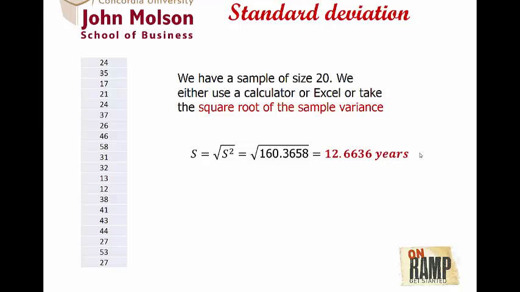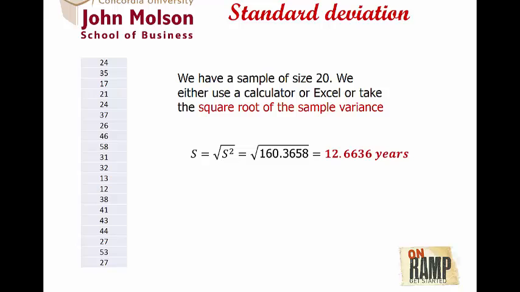Now it's 12.6636 years. So we already know the mean of this sample, but now we know also the standard deviation. And this is another measure that is given to us when we use directly the function descriptive statistics in Excel. In fact, in all programs.